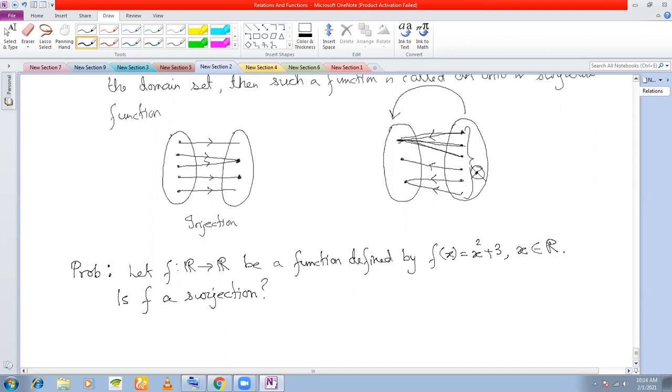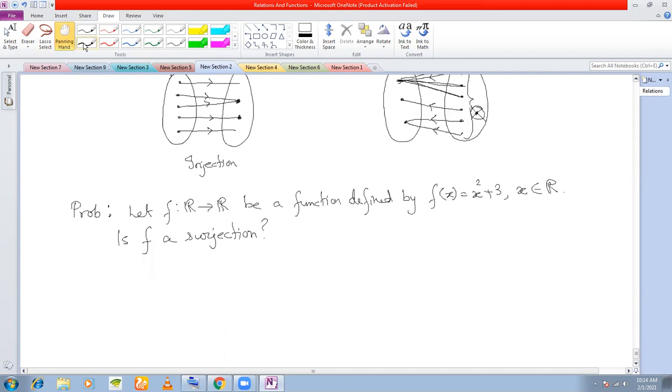Or the question can be, is f an onto function? So how do I show?